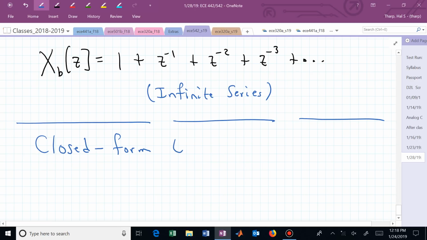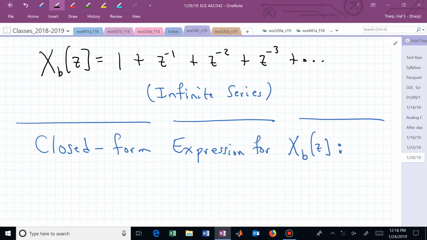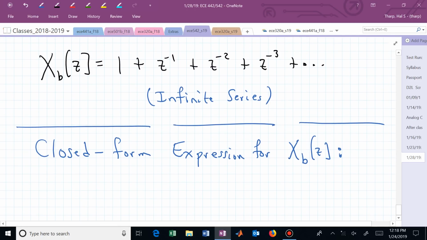Let's look at a closed form, or see if we can find a closed form expression for x sub b of z. And now I hope you're starting to remember what we've already looked at, maybe when we were talking about finding our mortgage payment, or actually how much we might have to pay back on our student loan.